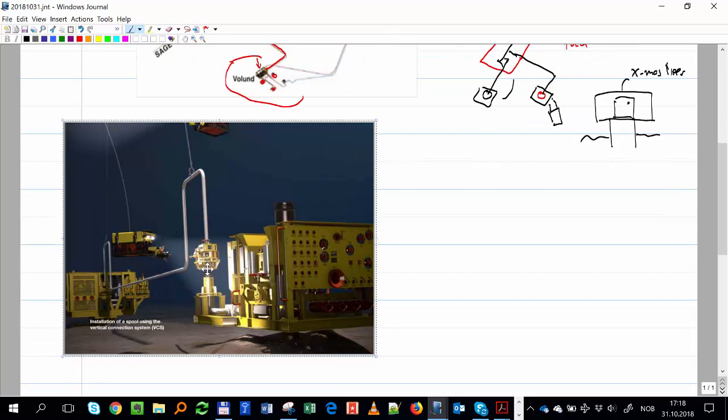So the connector, in some cases, if they are very close, I don't use a pipeline, because for the pipeline I have to lay it on the ground, then I have to support it, I have to maybe dig a trench, I have to do many other things. So I use this device that is called a jumper.